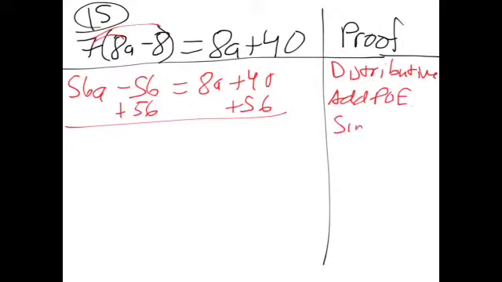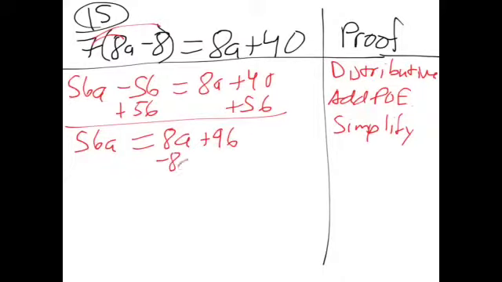And what lets me do that is the addition property of equality. And if I then simplify, I'll have my next line, which is 56a equals 8a plus 96. I'm now going to subtract 8a from both sides. And what lets me do that is the subtraction property of equality.